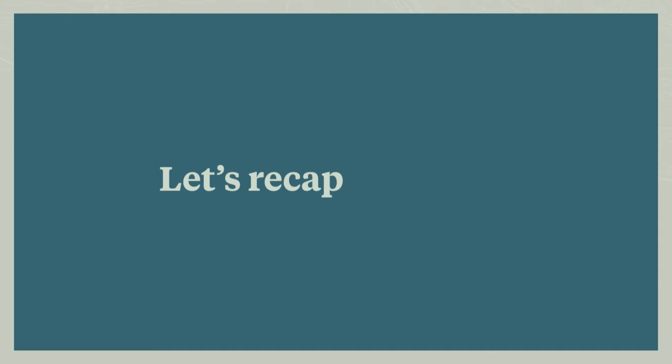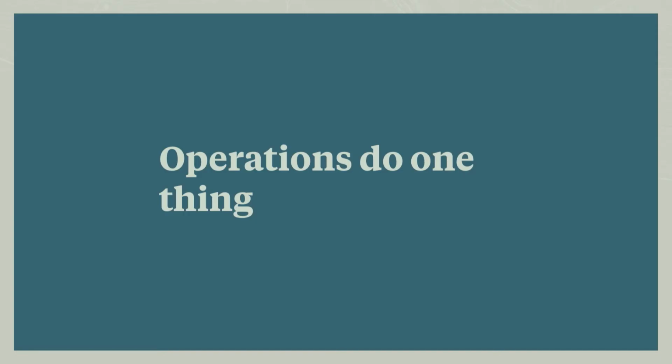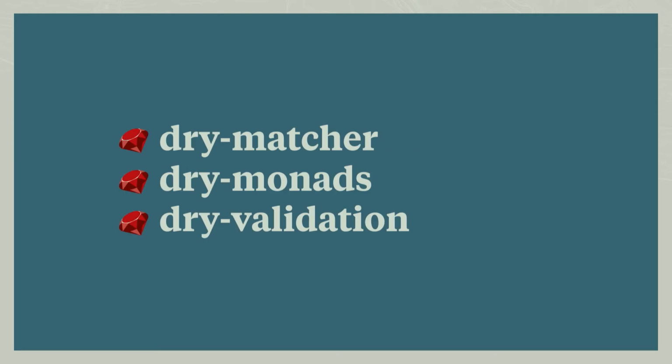So let's recap. The core of our post request is an operation that handles validating and creating the product. Operations, we write all our operations in this style with one public call method so that the internals of the operation are encapsulated. We saw 3 new gems.